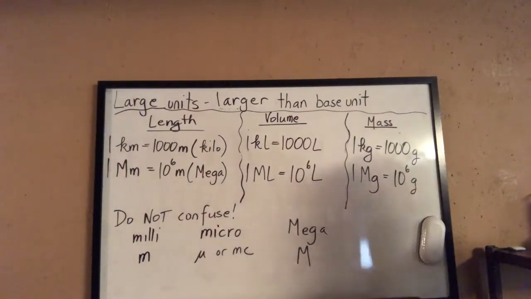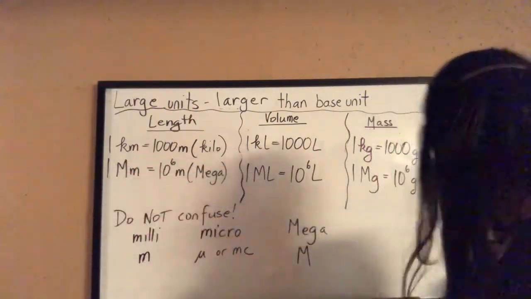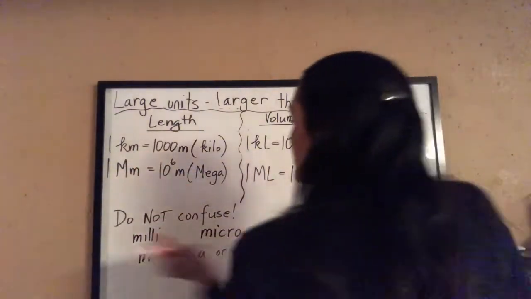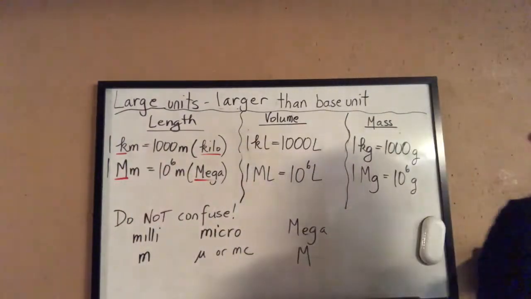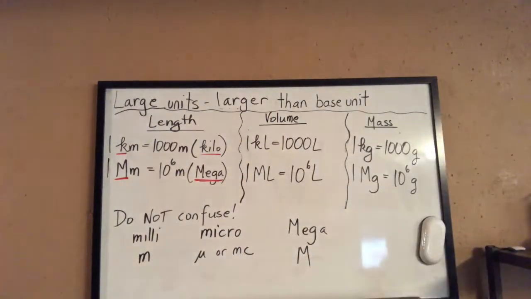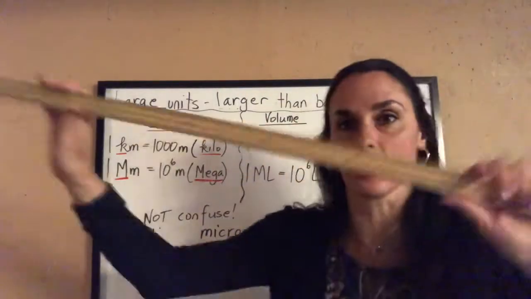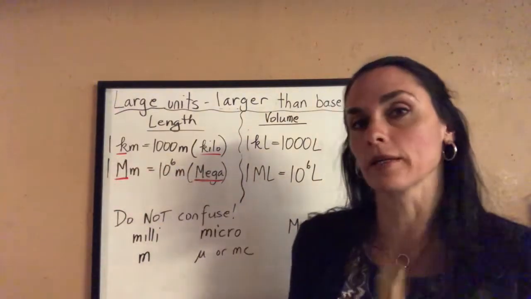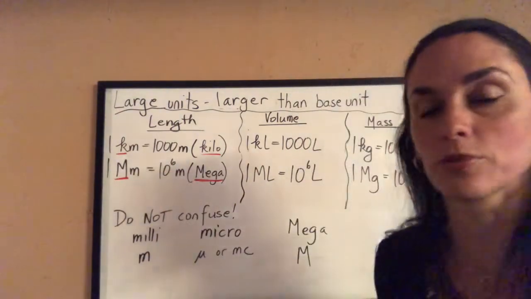You take the base unit and you stack it to make a large unit. Kilo. 1 kilometer is equal to 1,000 meters. Okay, so if I had 1,000 of these meter sticks lined up, that would be 1 kilometer. It's not the other way around. It's not 1,000 kilometers equal 1 meter.